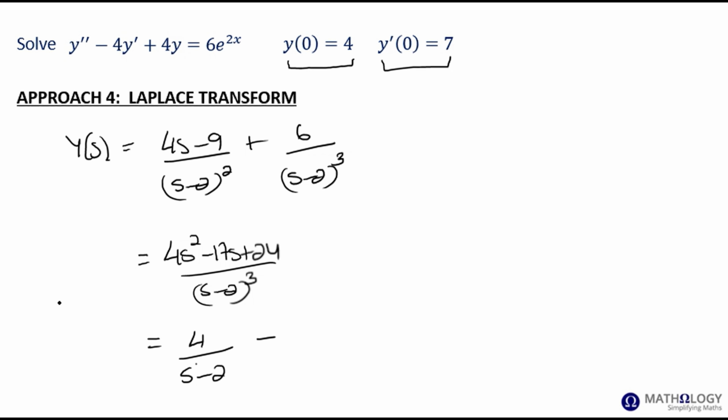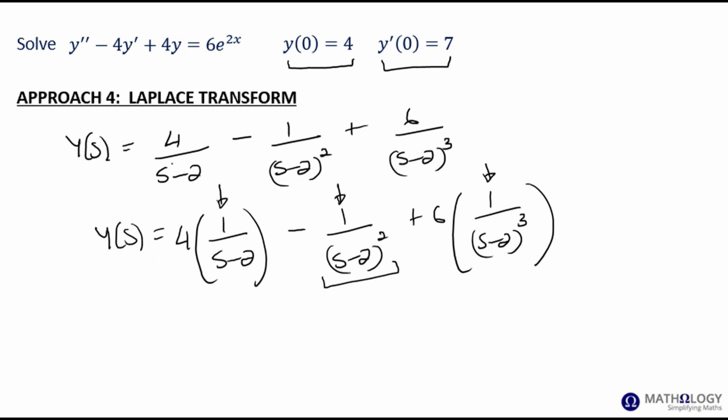Taking the inverse Laplace transform of each of these expressions, we're going to get y of x equals, and we're not going to go into detail as to how we got these solutions because the detail is covered in another video in the same playlist.